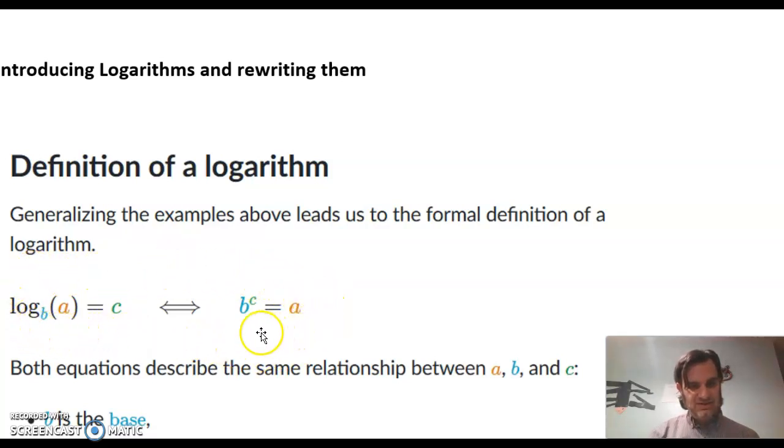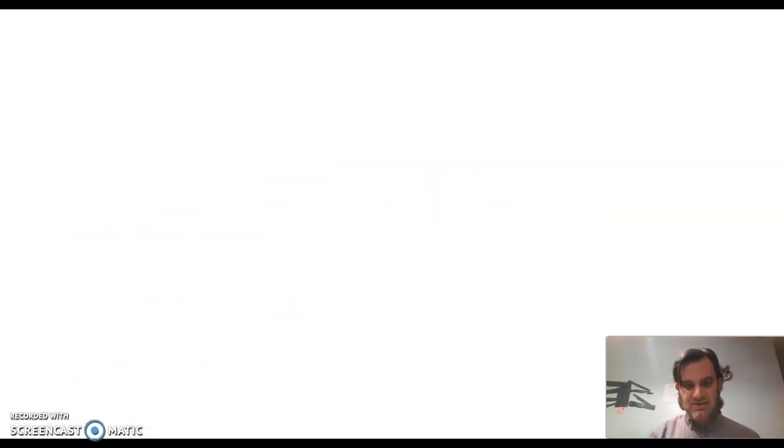Basically, the relationship as far as a function definition between an exponential, in this case b to the c equals a, being able to be converted or related to a logarithm, log base b of a equals c, is a definition. We saw that maybe we want to be able to solve for that exponent c up there, so we had to find a way to get it by itself. So that's a definition, but once we had that definition, we could do many things. Okay? So that's kind of where we are now.